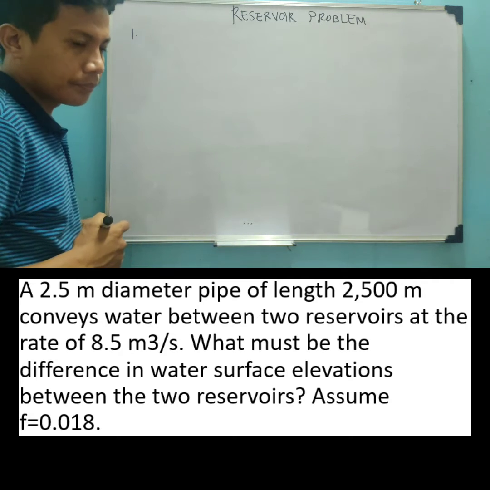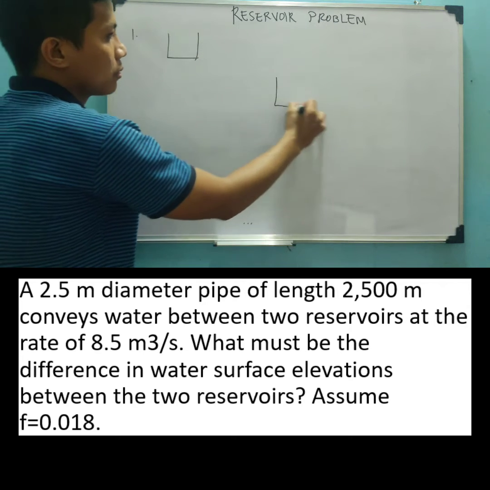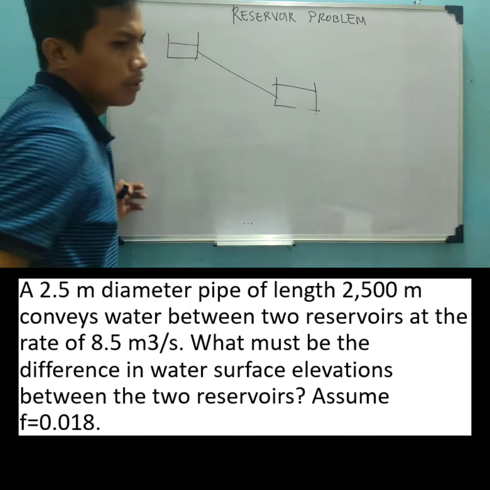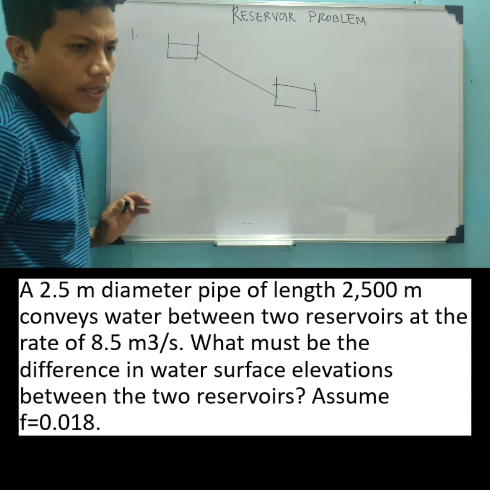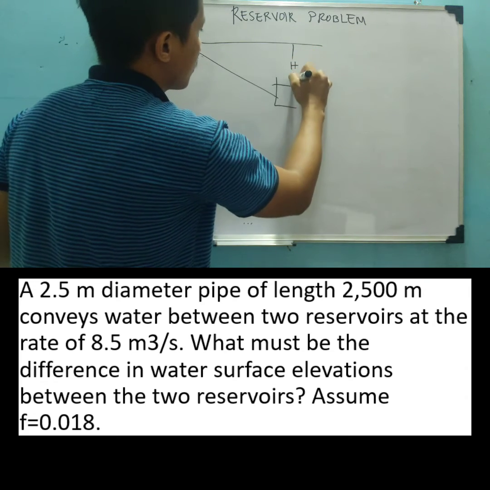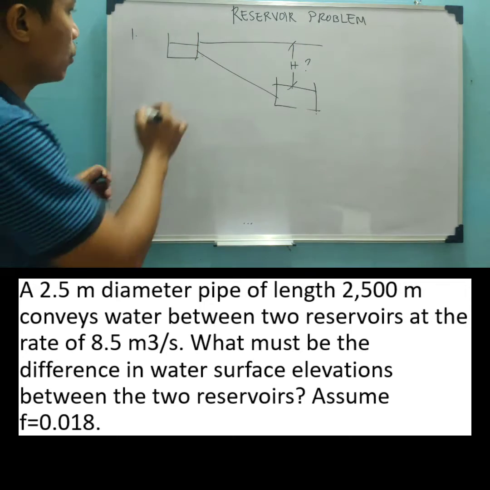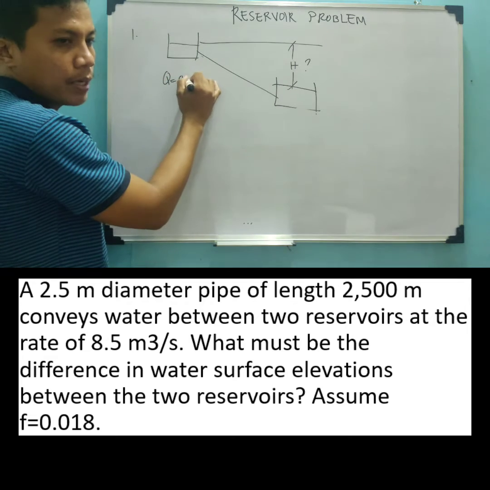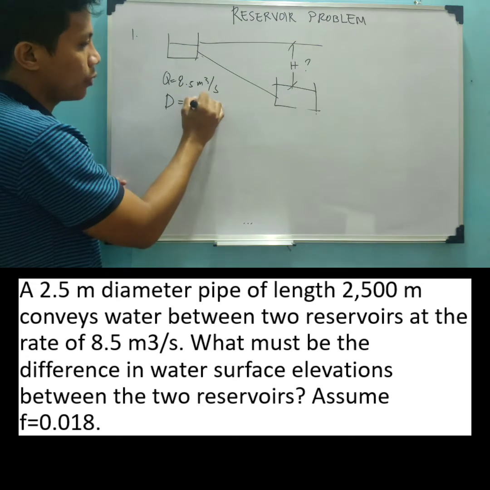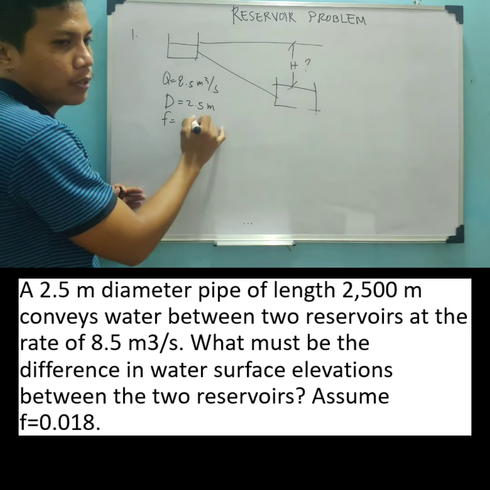So, two reservoirs. What is asked is the difference in elevation, so we are looking for H. We have Q equal to 8.5 cubic meters per second, the diameter is 2.5 meters, and f is equal to 0.018.